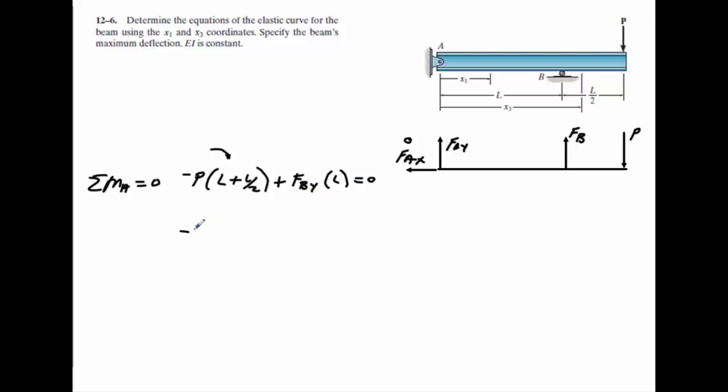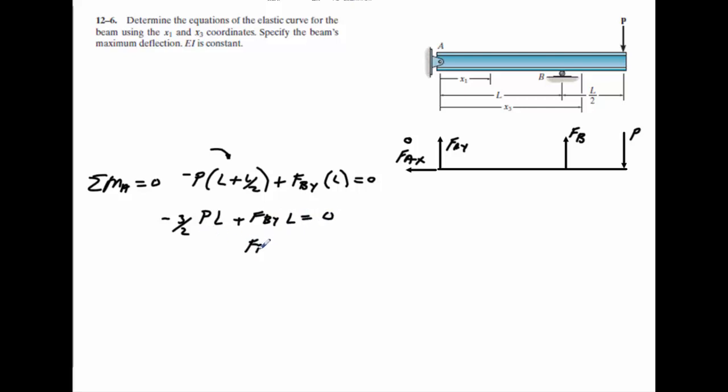Here we'll get a minus P times L, and that would give us 3 halves, 1/2 plus 1. So I'll just change that to minus 3 over 2 plus FBY times L is equal to 0.